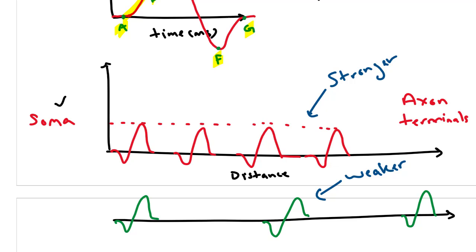So in a fixed period of time, say I'm measuring for 10 milliseconds or half a second, this is what I capture here and this is what I capture here. In that half a second, I have 4 action potential peaks on top and 2 on the bottom. So the signal coming in from neuron 1 compared to neuron 2 is stronger because I have double the signal strength that I do in neuron 2. That's what that means.